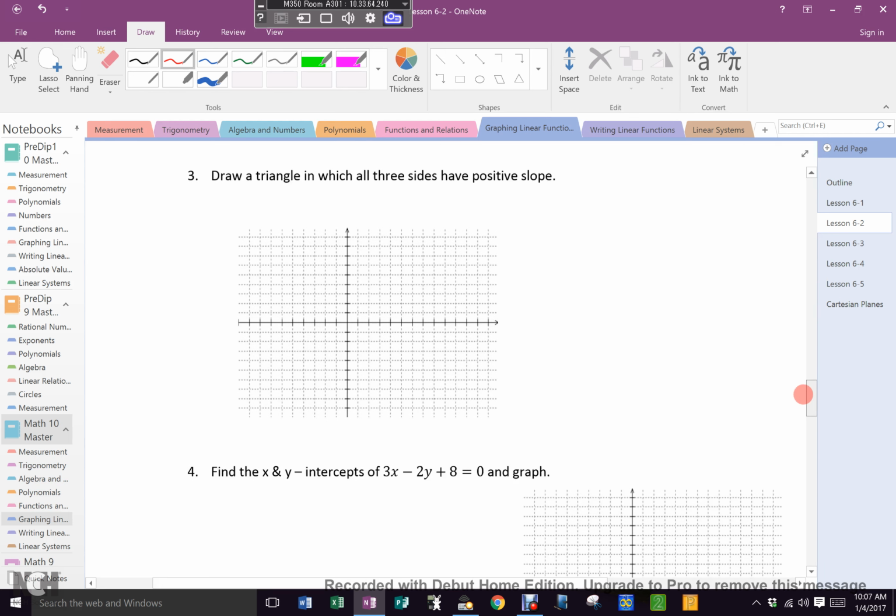All right. See if you can do number 3. That's a thing just for you guys. It's on the next page for you. Draw a triangle. We just did our number 3. Yeah, I know. Something's wrong with the printing. It's been happening all previous 150 pages. All 3 sides have to have a positive slope. So sketch it.